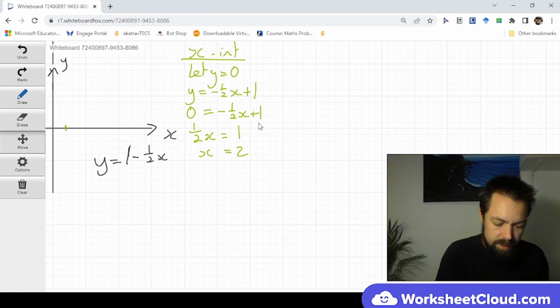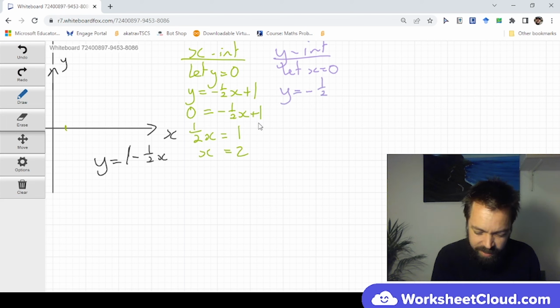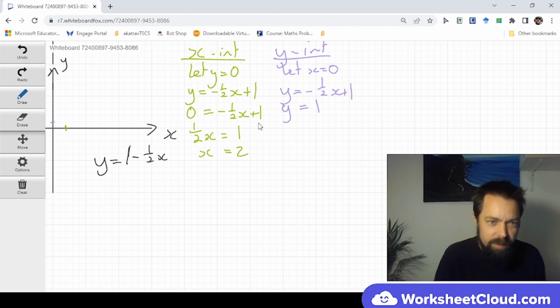My y-intercept, y-int, let x equal 0. I've got to write down the line, the whole thing first. Y equals minus a half x plus 1. 0 equals minus a half, no, wrong way around. Y equals 1. So, 1 over there.